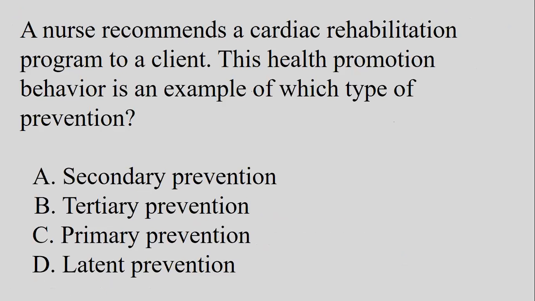Okay, next is Anita. A nurse is recommending a cardiac rehabilitation program to a client. This health promotion behavior is an example of which type of prevention? A, secondary prevention, B, tertiary prevention, C, primary prevention, D, latent prevention.